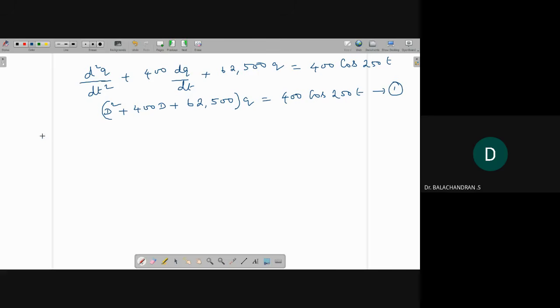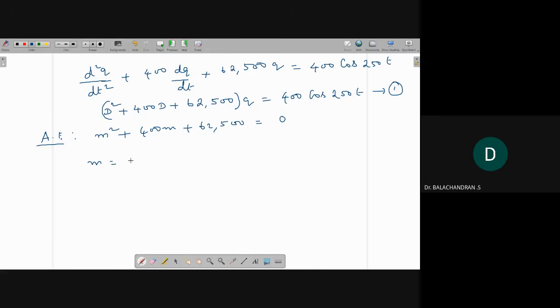So now the auxiliary equation is, if anybody got the answer, you can tell the final answer. The auxiliary equation is m square plus 400m plus 62,500 equal to 0.